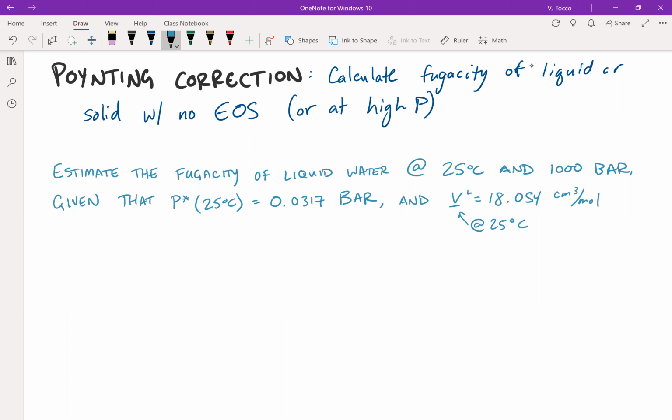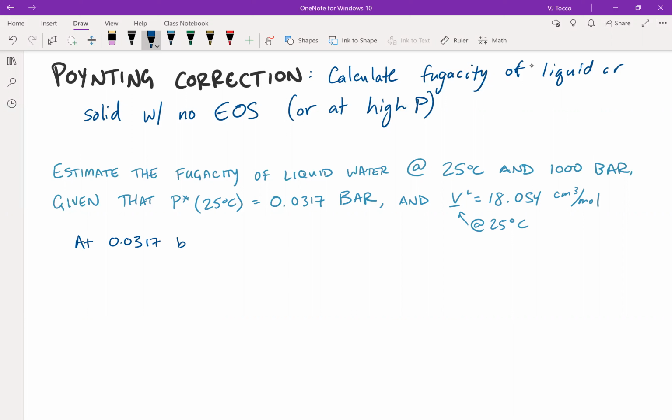Okay, so how do we go about estimating the fugacity? The first thing we have to do is ask ourselves if we know the fugacity at any point. And if we know the fugacity at any point, we can use the equation that gives us the change in fugacity. So we're given that the vapor pressure at 25 C is 0.0317 bar, which is very, very low.